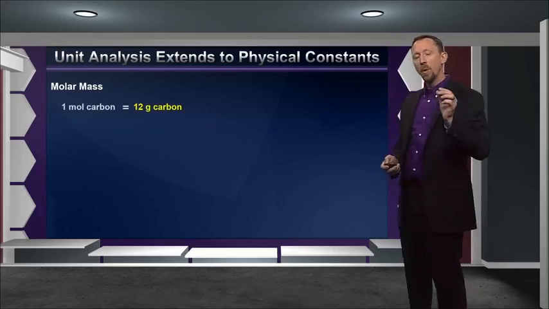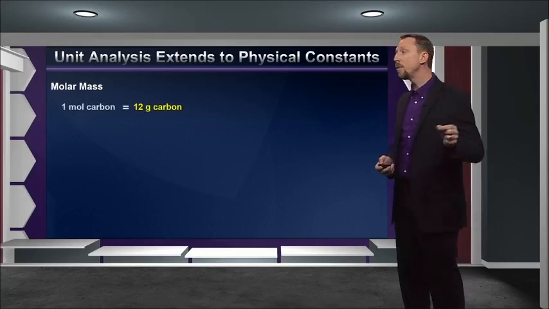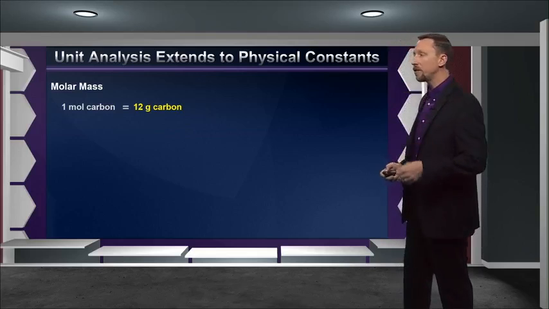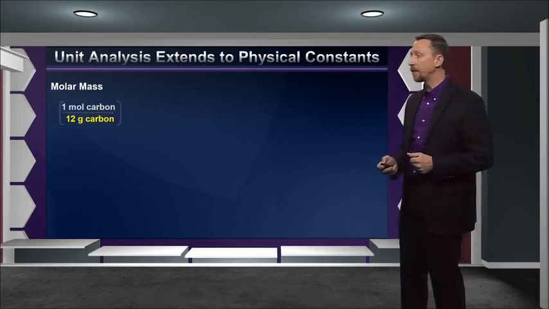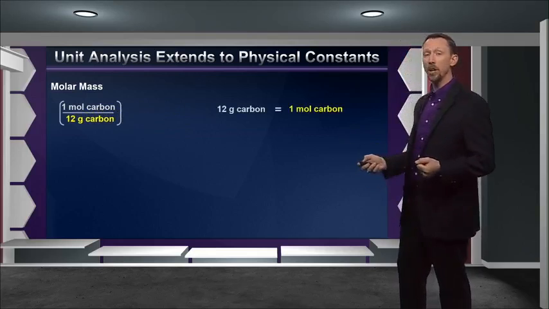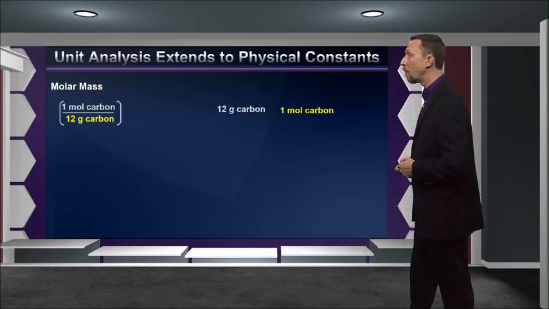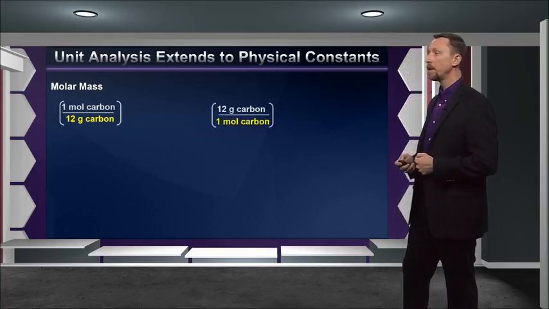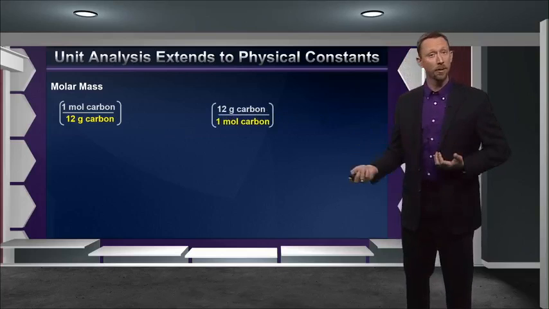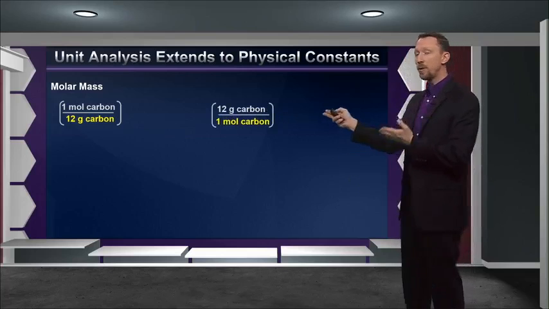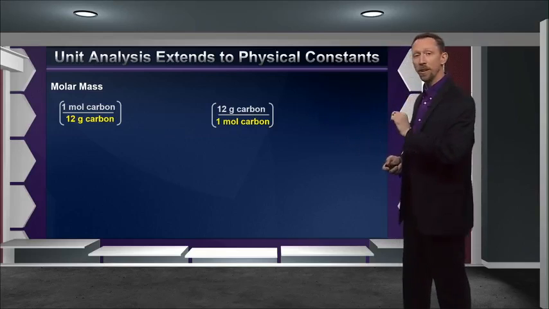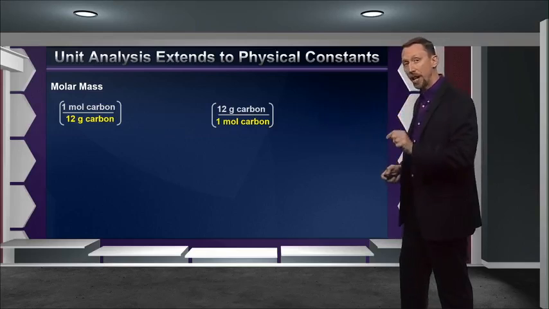For example, 1 mole of carbon is equal to 12 grams of carbon, which means that I can create conversion factors of 1 mole per 12 grams carbon and also 12 grams per 1 mole of carbon. So if I need to convert grams of carbon to moles of carbon or moles of carbon to grams of carbon, I have a usable unit here that I can insert into my equation, which will give me exactly what I want without changing the value.